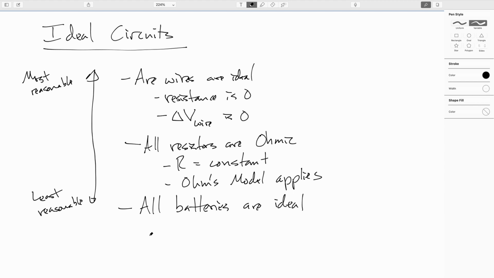And then finally, the least reasonable of all the assumptions is that the batteries are ideal. Here, this means that the internal resistance of the battery is 0. And this is a completely bogus assumption.